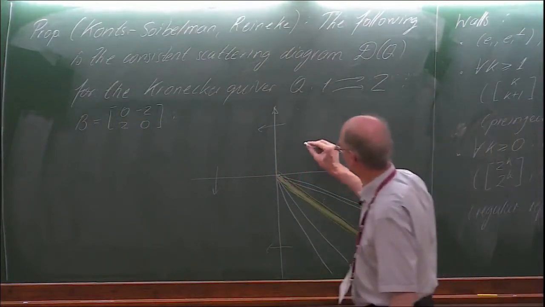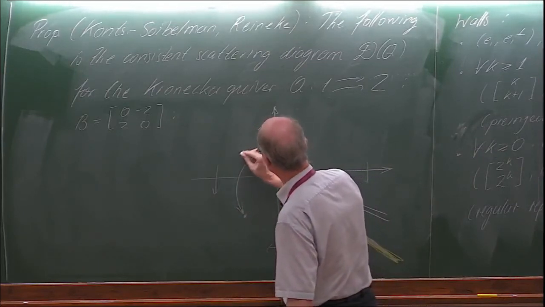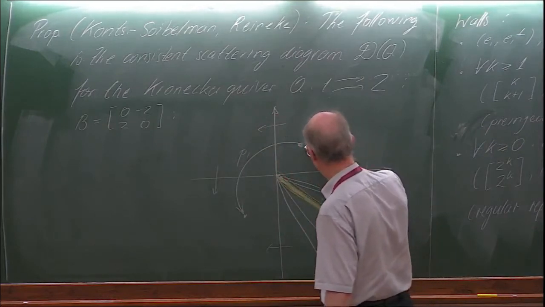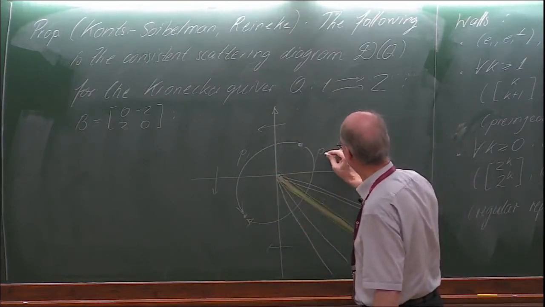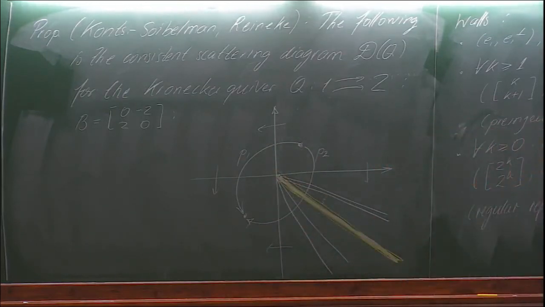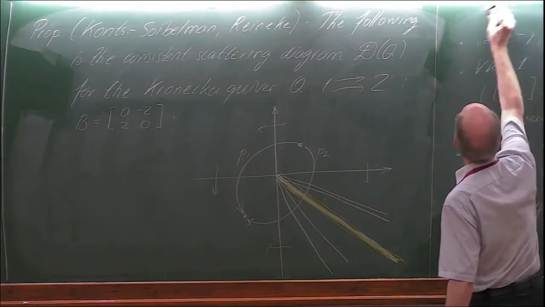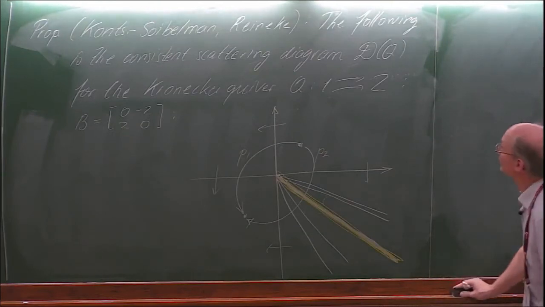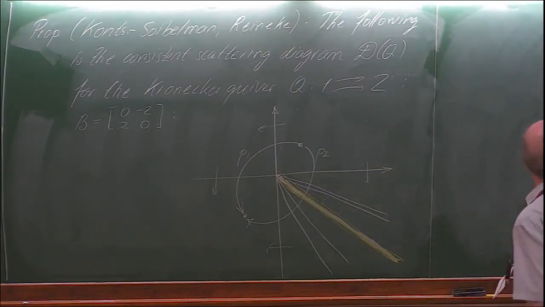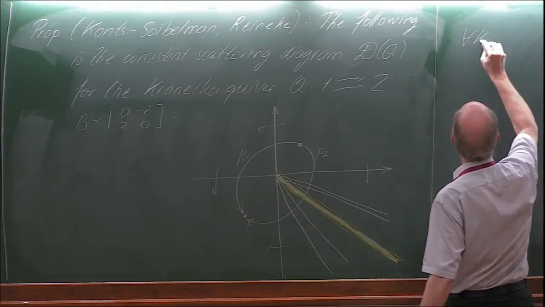And to check consistency, it suffices to check that this path gives the same path-ordered product as this path, modulo any monomial ideal of finite codimension. So it corresponds to the ray.